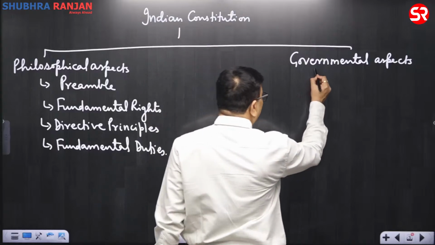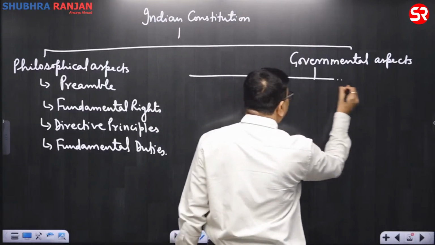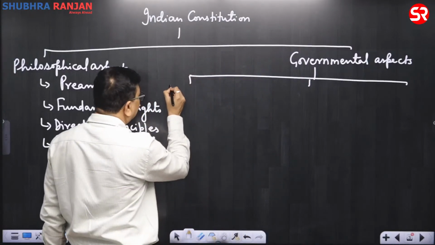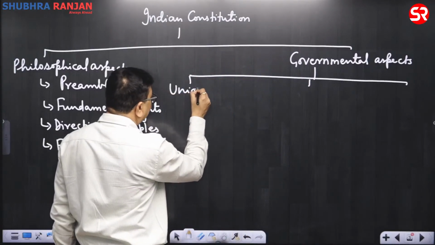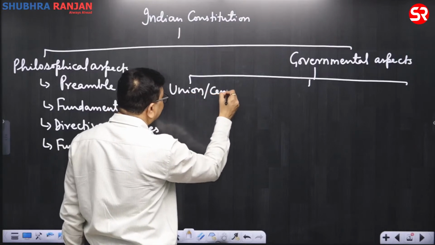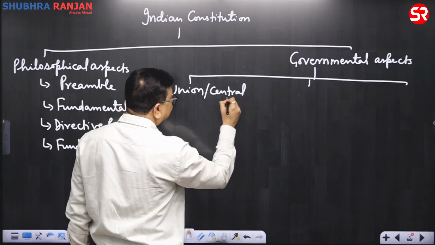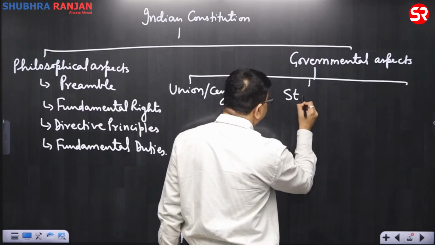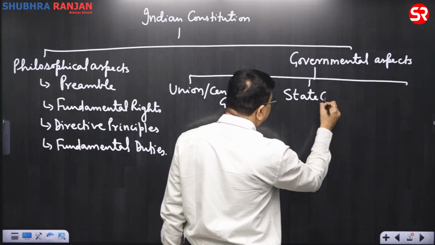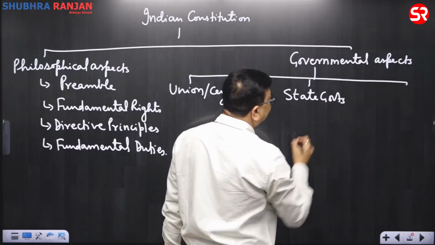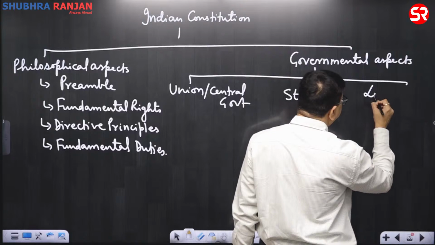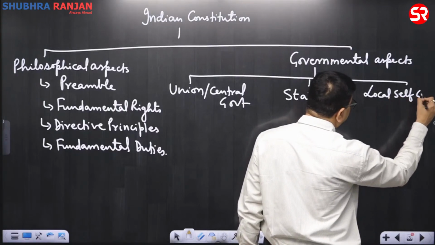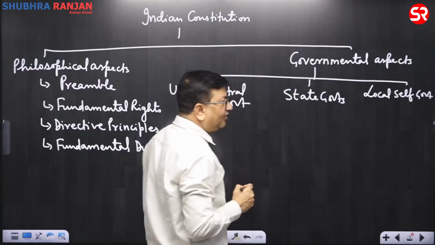So, the Constitution of India provides for 3 types of government: union or central government, state governments and local self-government.